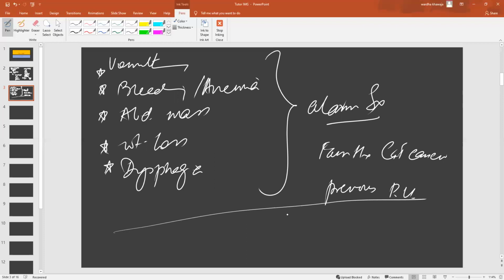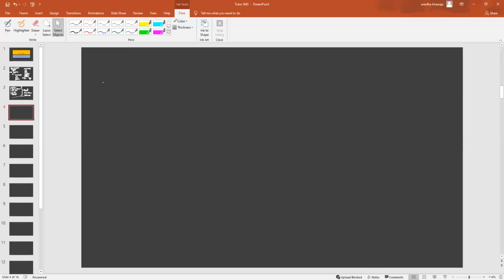Now, what are you supposed to do for this patient who's coming to you with symptoms that suggest not GERD, but gravitate more towards H. pylori peptic ulcer disease? If they seem especially anemic, right?